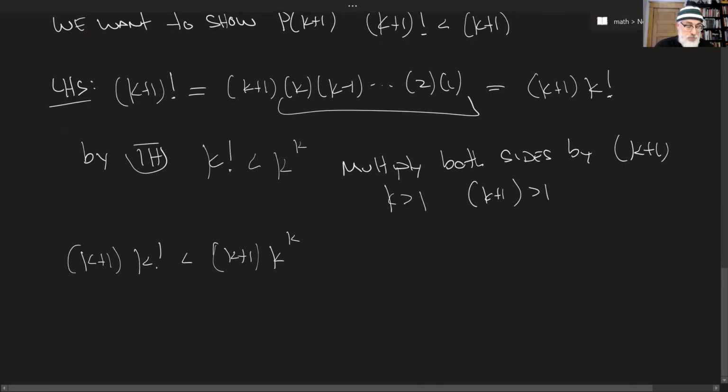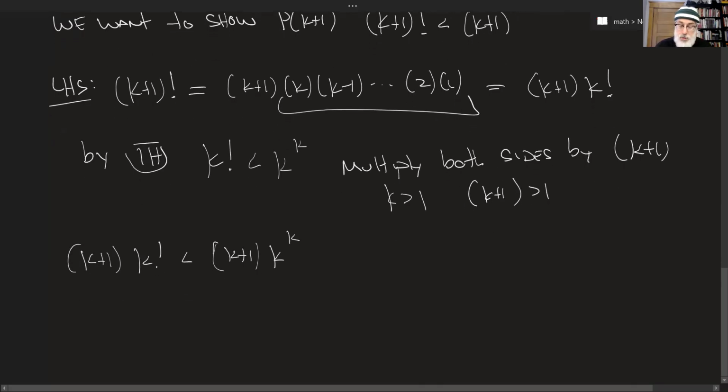All right, so now for integers, and this should seem obvious, if k is positive, greater than 1, then k is going to be less than 1 more than it.